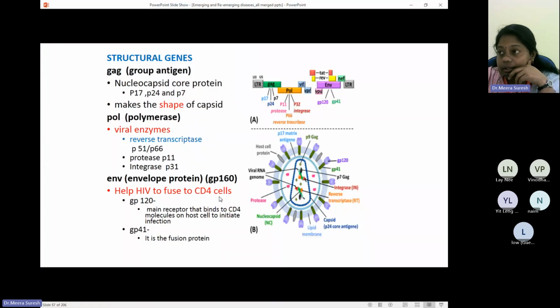Normally, when we take 1 cubic mm of blood, we should be getting CD4 cells around 200. But in the case of HIV, there will be a reduction in the number of CD4 cells, and we call that patient an AIDS patient once the CD4 count falls below 50.